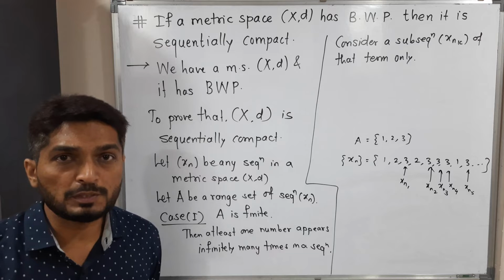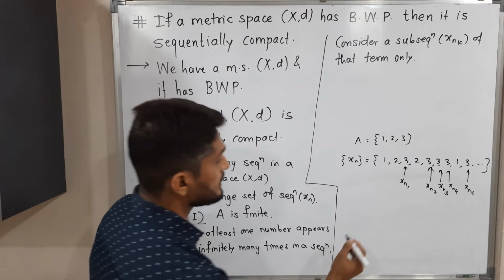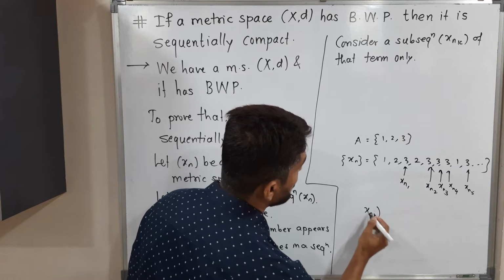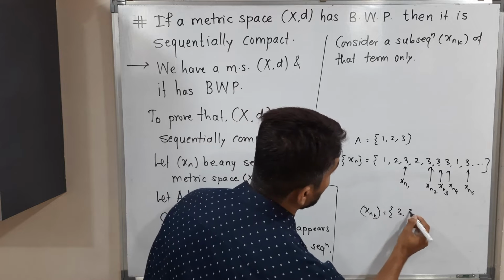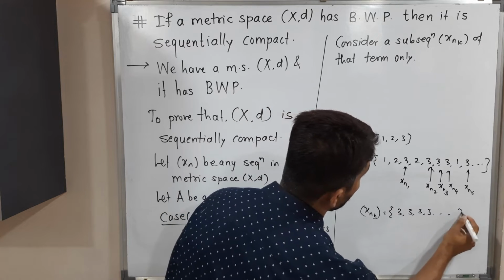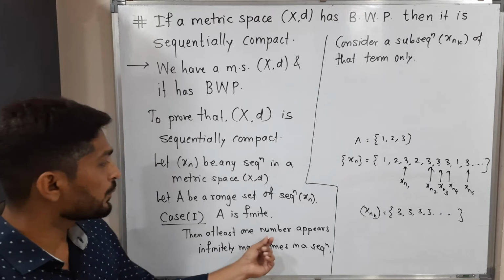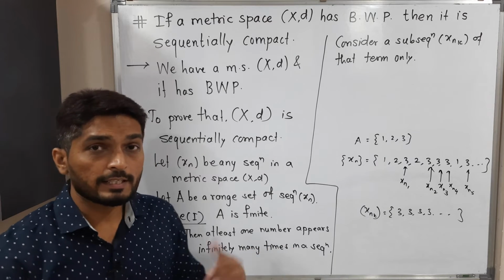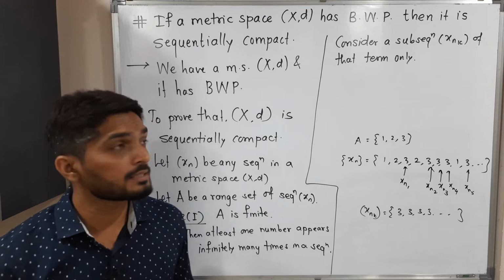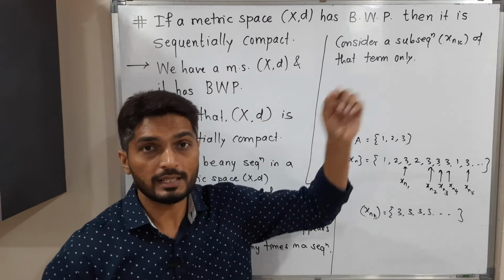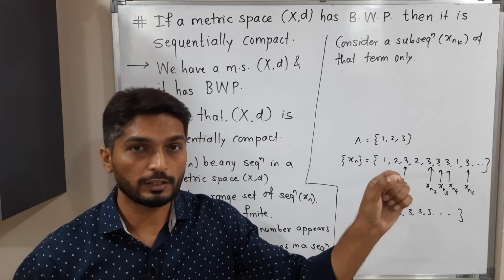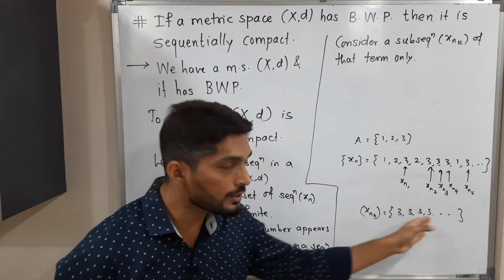So obviously it is a subsequence of Xn. So the subsequence Xnk will look like this: 3, 3, 3, 3, 3, since I am choosing this 3 only. So the same thing I am doing here: at least one number or one term appearing infinitely many times, it means we can consider a subsequence Xnk of that term only. Getting? So obviously it's a constant sequence.